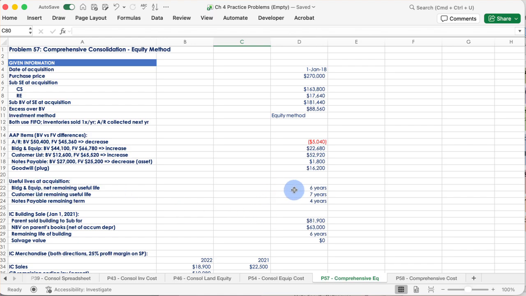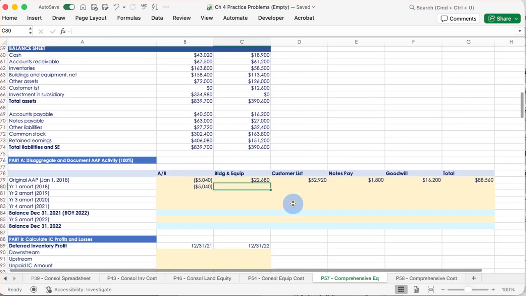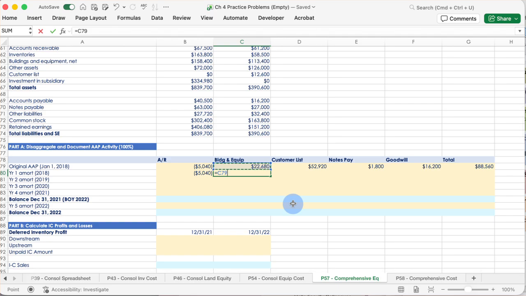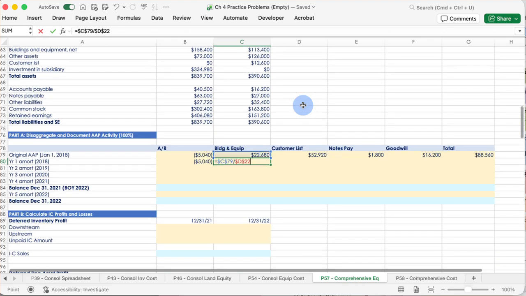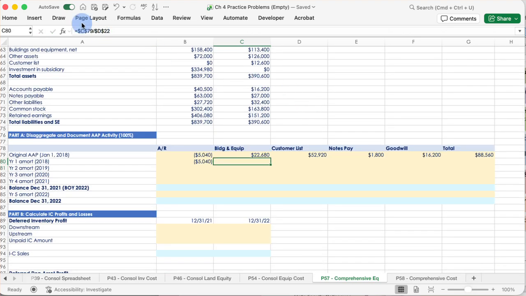Down here, 6, 7, and 4 years. So we'll take this, lock it in so that we can divide it by the years, and drag this down so that we see it over and over again. I'll fill that down because that's going to be the amount for every year.